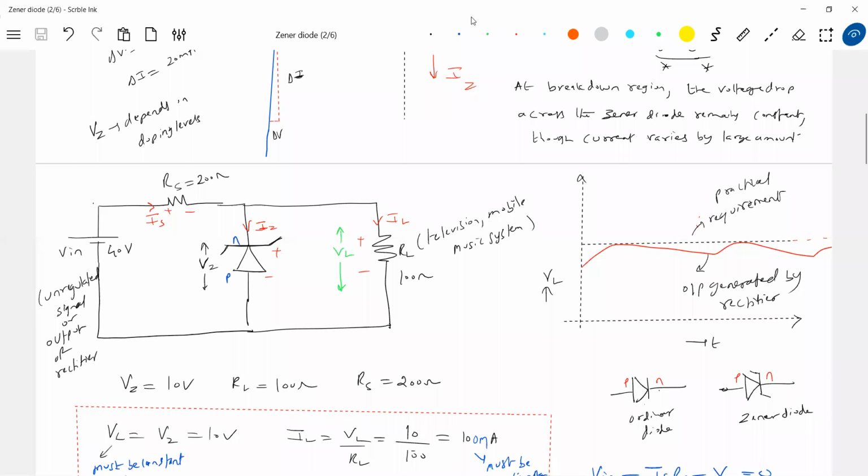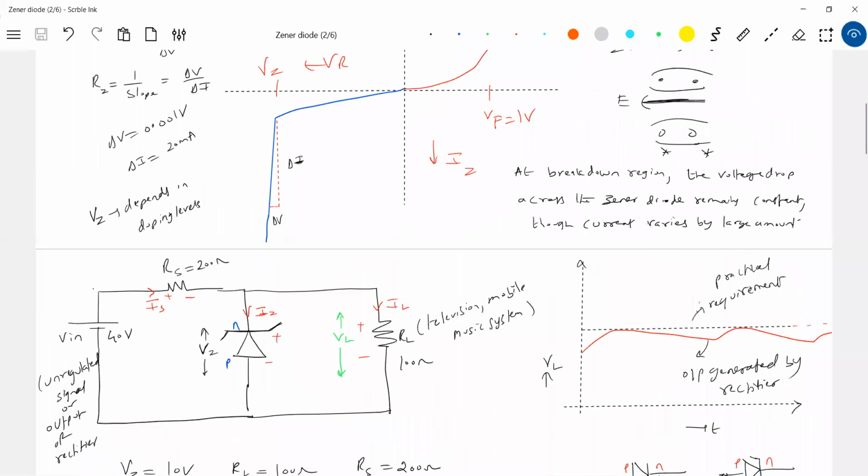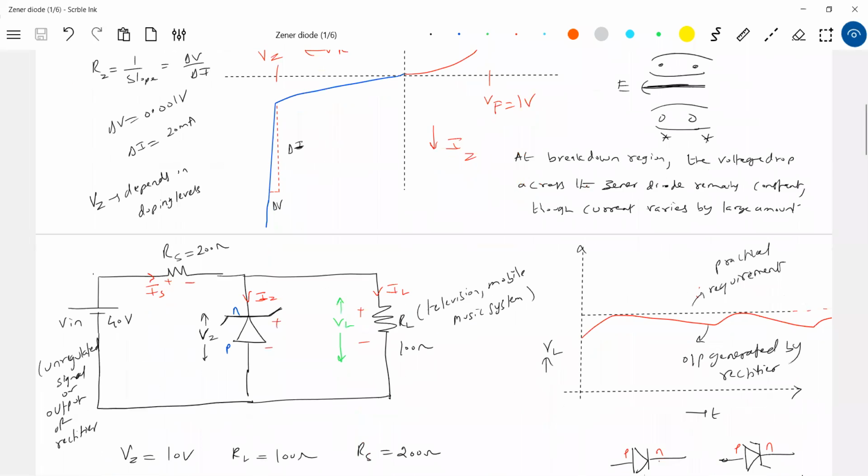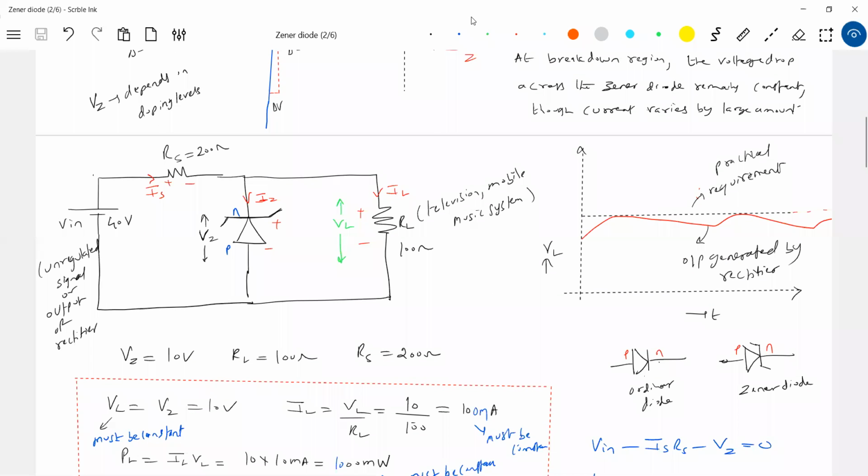Because the 240 volt will not be constant. One more big headache for the half wave rectifier and full wave rectifier. You say 240 volt, but it will never be 240 volt. Sometimes it will become 220, sometimes 260, never constant. So this particular thing will always be fluctuating, but we want a constant voltage. The half wave rectifier is unable to do anything. The full wave rectifier is helpless.